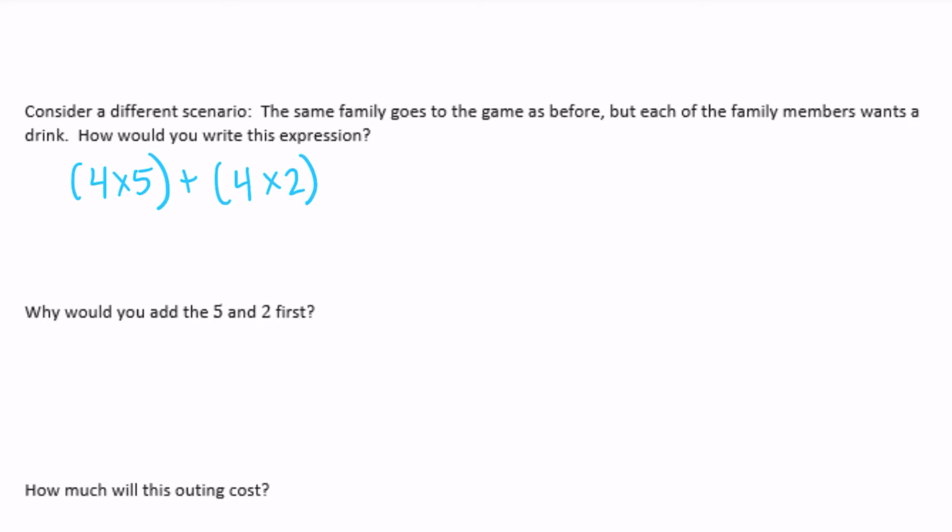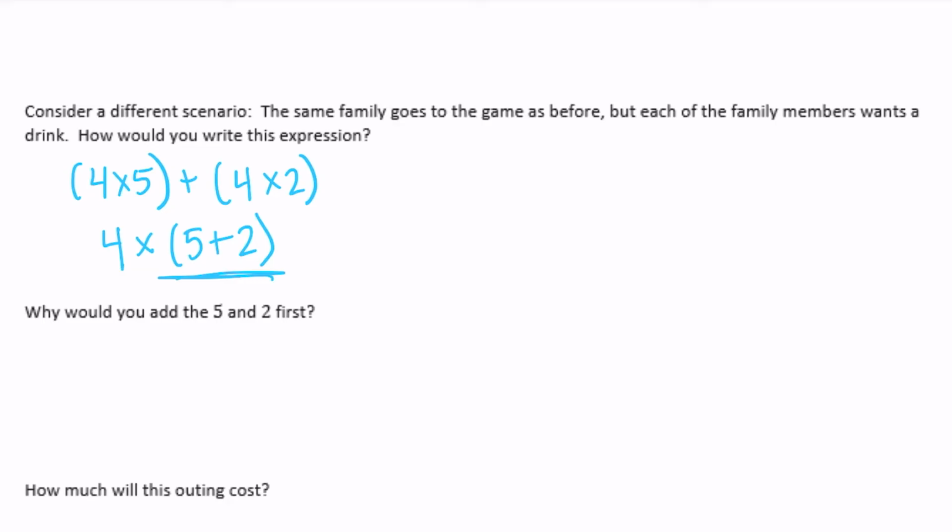Or we could simplify it, and we know that there's 4 people, and each person costs $5 for a ticket, and it also costs $2 for a drink. So each person costs $7. And it needs to be in parentheses like this because we want to add before we multiply.